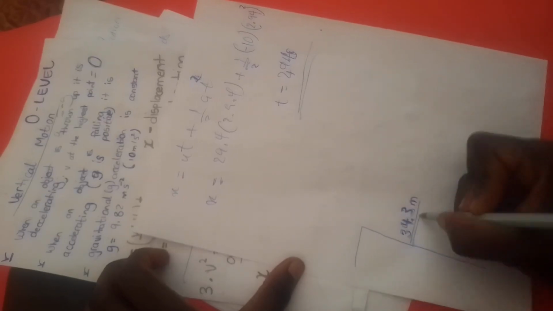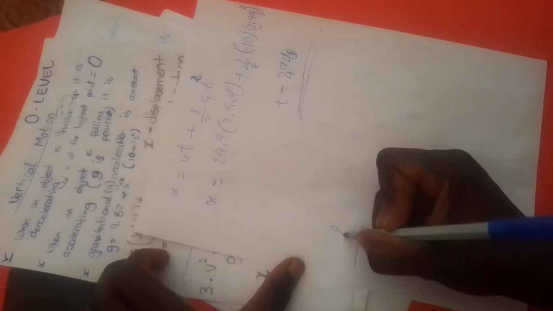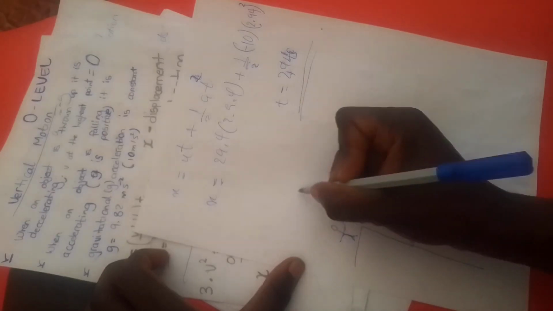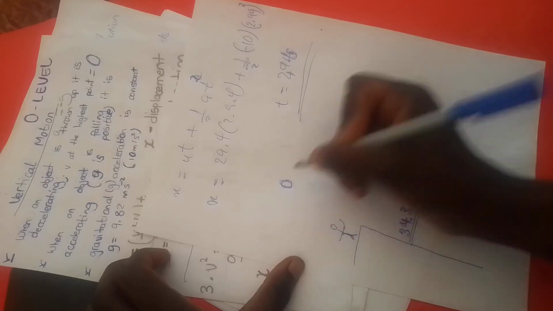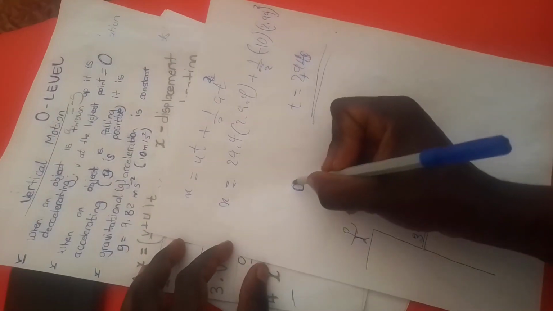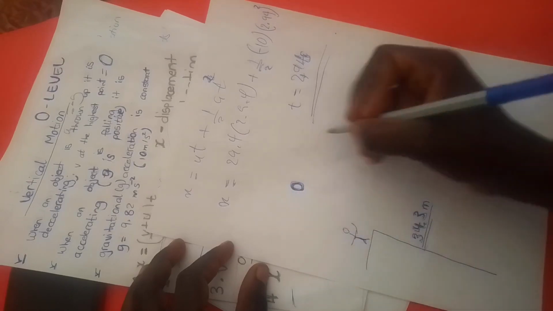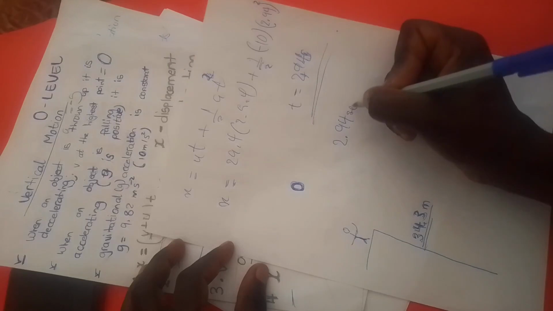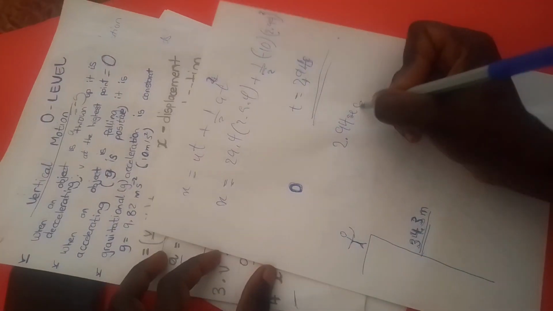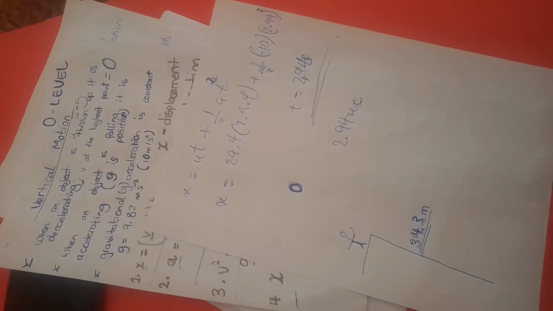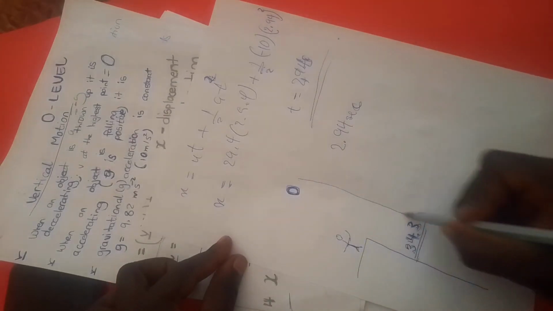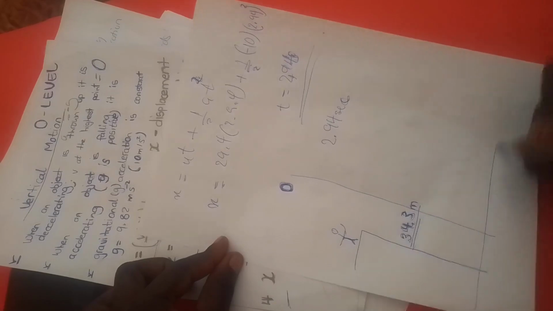Okay, so the person is here, throws a stone which reaches its highest position in 2.94 seconds. But the second question now wants us to calculate how long this stone will take to reach the ground. This is the ground.